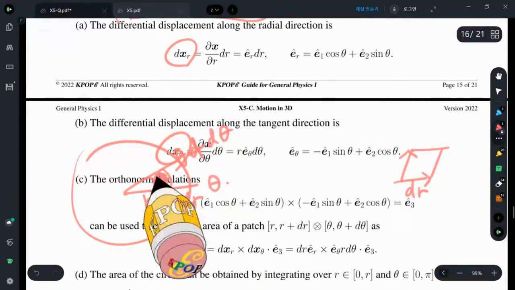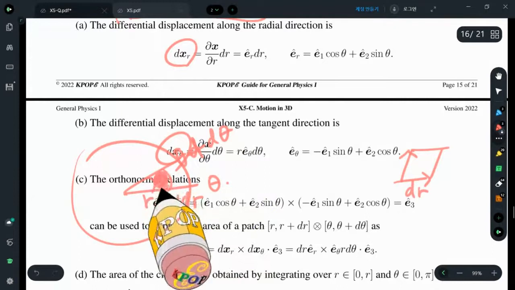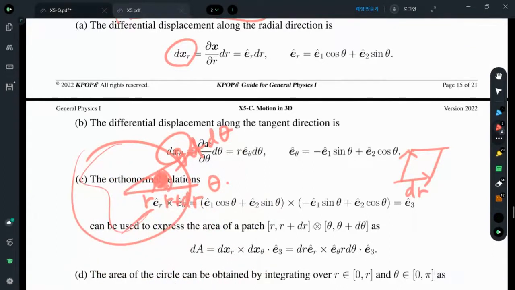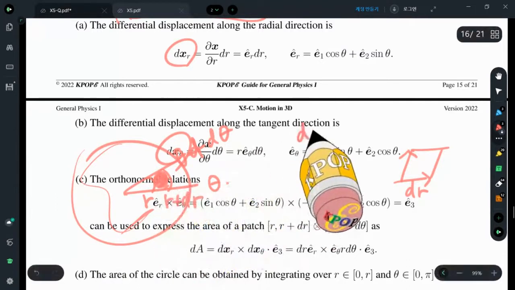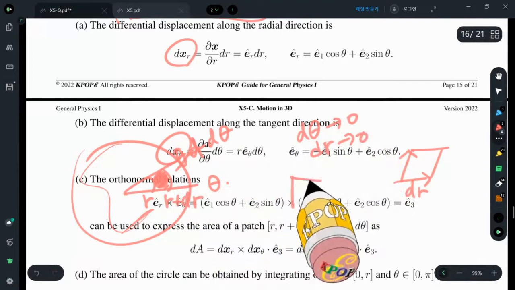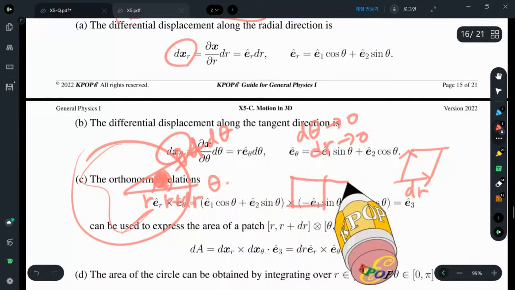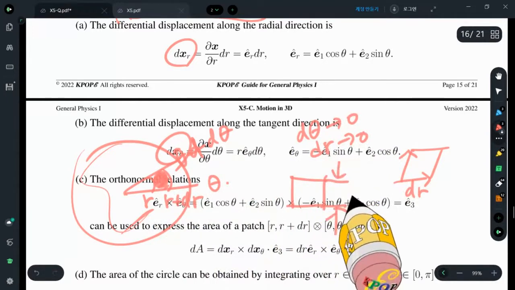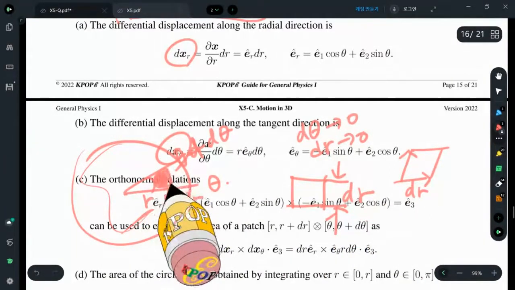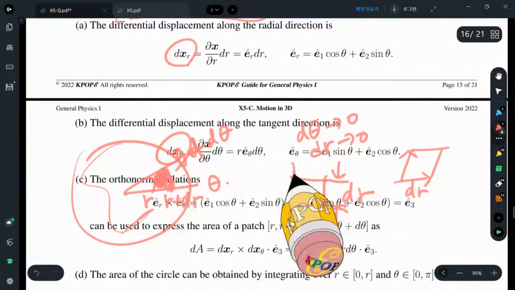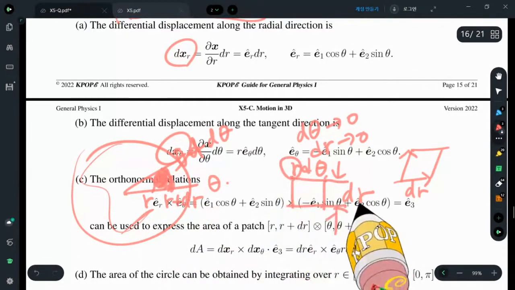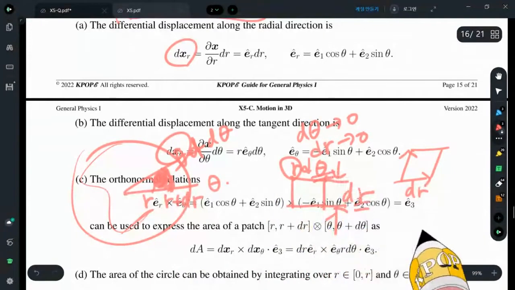So why don't we compute this area and sum them over? And if d theta goes to 0 and dr goes to 0, this is the dr, and this is a radius r, so arc length is r d theta. Okay, so this is r d theta dr.